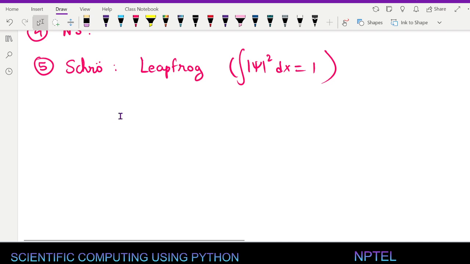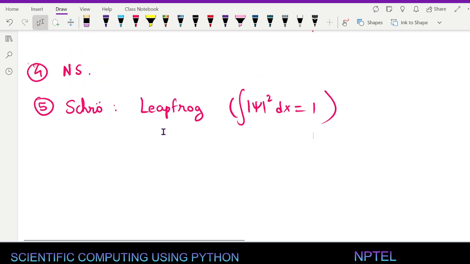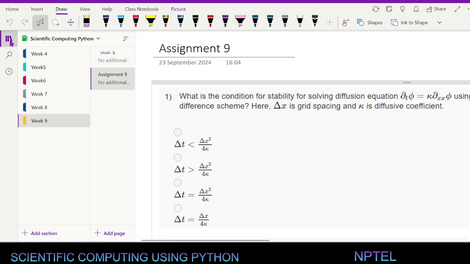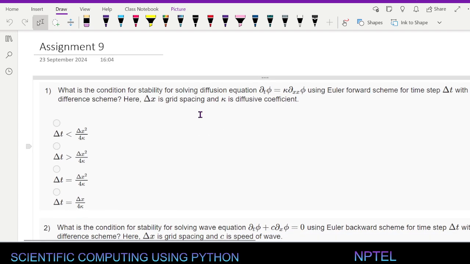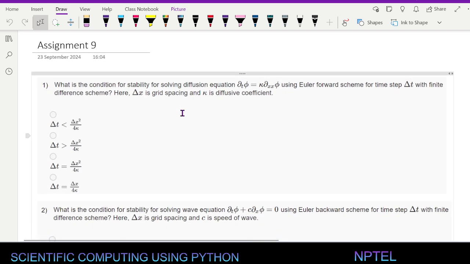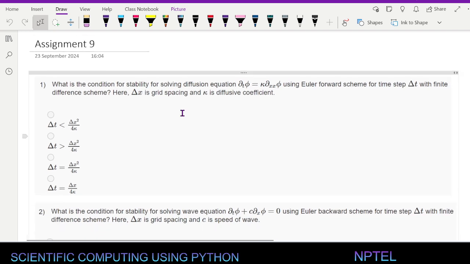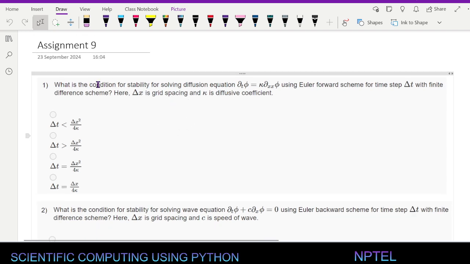So any questions? If not, then let's leapfrog to the assignment problems. Let's do these little tiny cute theory problems before jumping to the coding. So the first is: the diffusion equation is given, and using Euler forward with a finite difference scheme, what should be the stability criterion?